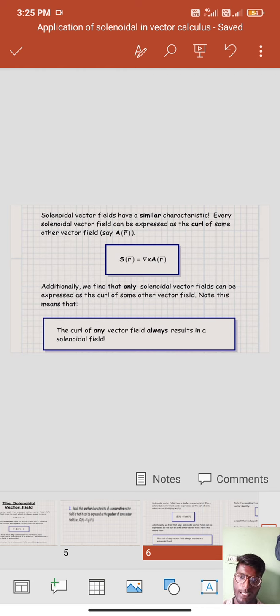Note this means that the curl of any vector field always results in a solenoidal field.